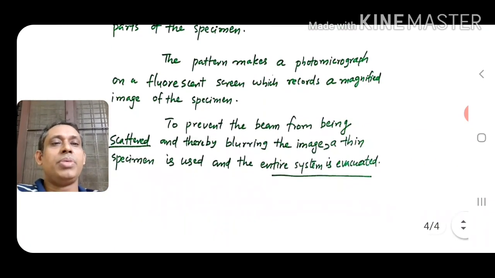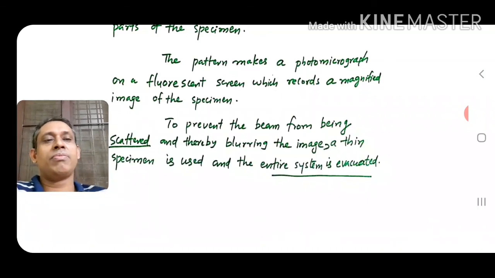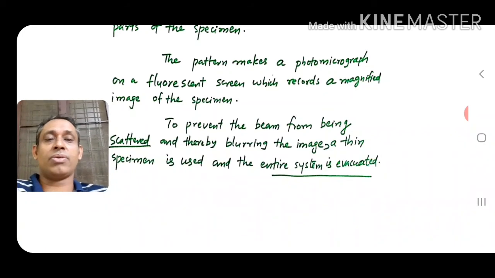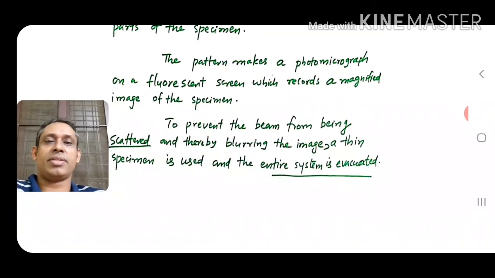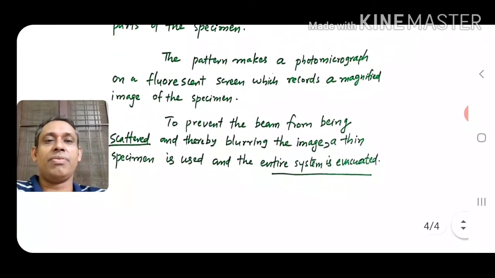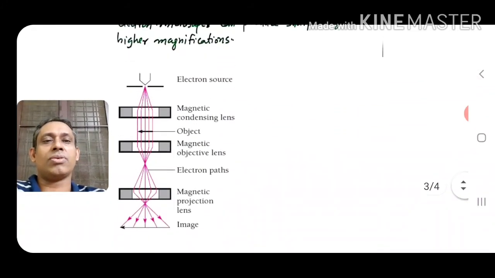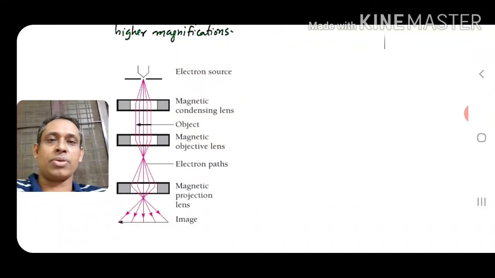Now to prevent the electron beam from being scattered from the specimen and thereby blurring the image, we use a thin specimen. When scattering occurs, it may cause blurring of the image. So we are using a very thin slice of the specimen in the electron microscope.